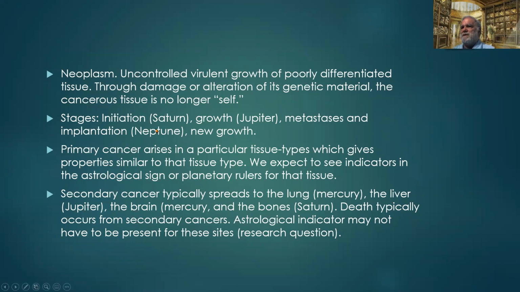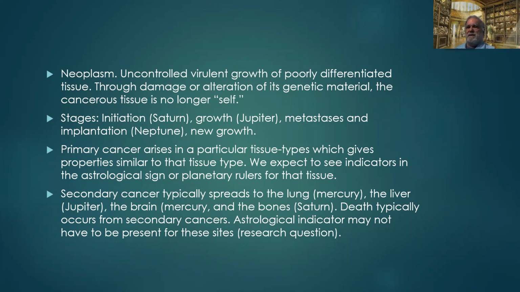Metastases and implantation, that is, you have a tumor, will start shedding tumor cells, which start floating all over your body, right? And the reason I think it's Neptune is that Neptune rules epidemics, right? You have the viruses around all over them. You can't really see it. It's running out all over the place, spreading everywhere.